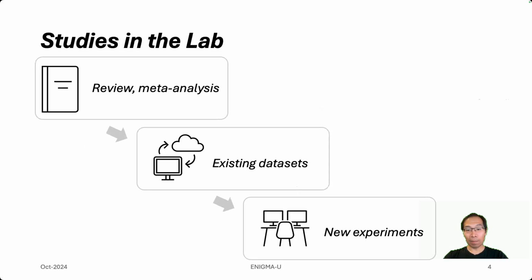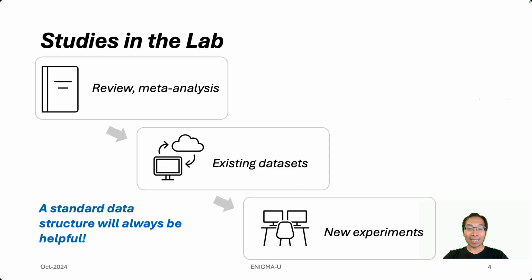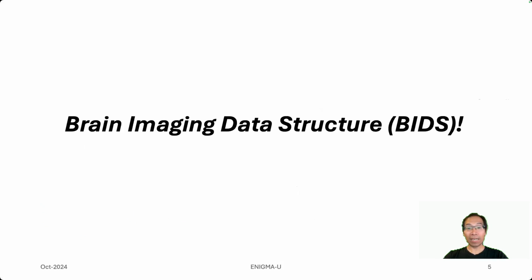All right, from these examples, we know that a standard data structure and curation strategy can always benefit any research approach. So today, besides trying different strategies in our own way, the brain imaging data structure, or BIDS, can help.